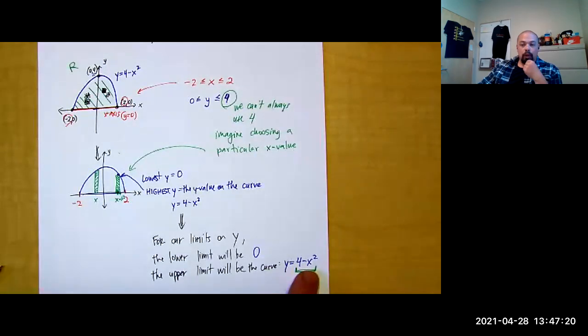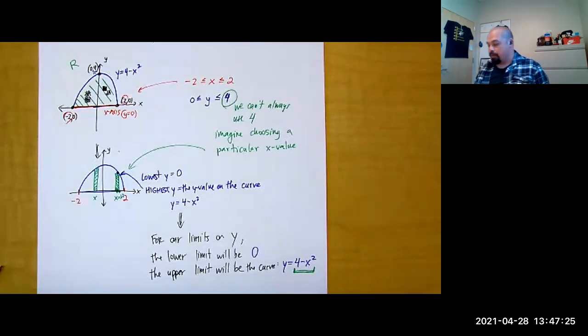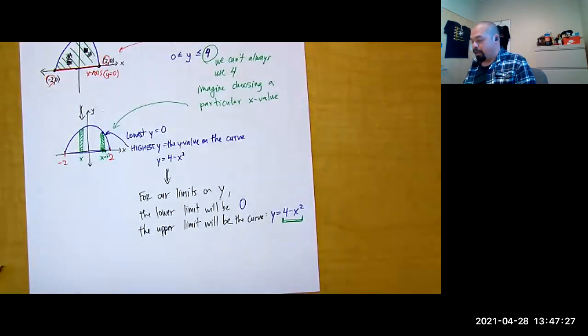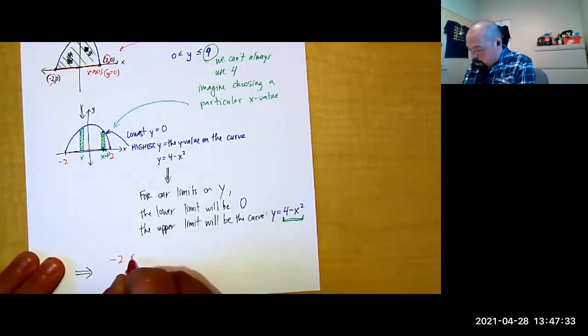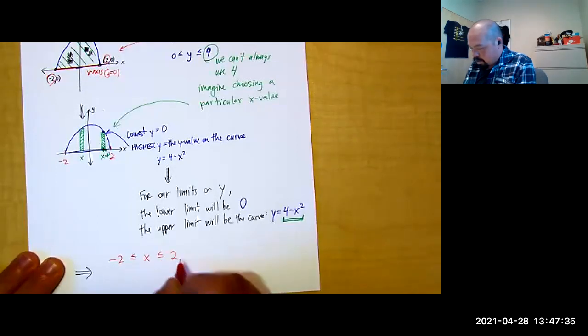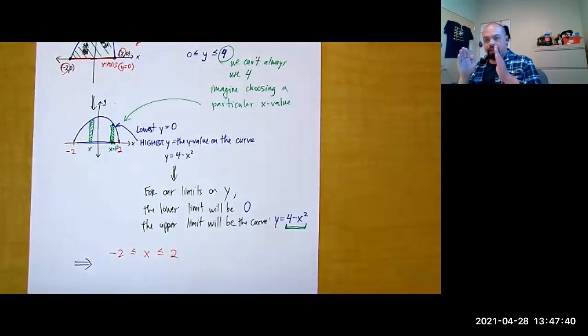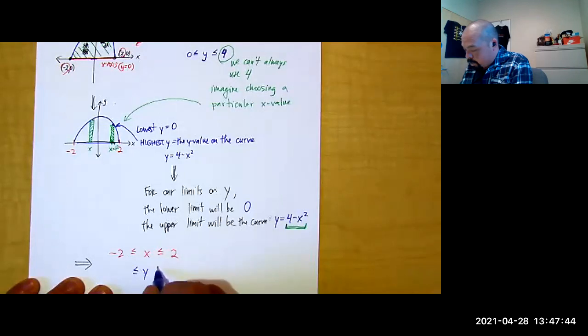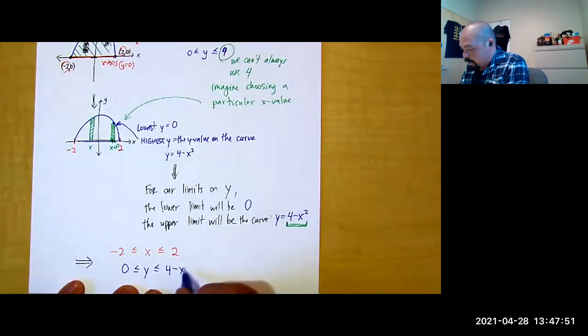So for our limits of integration, before, x was between -2 and 2. We start off fixing x within that range. The y then depends on that. It goes from 0, the lowest point it always reaches, up to the upper part, 4 minus x squared.